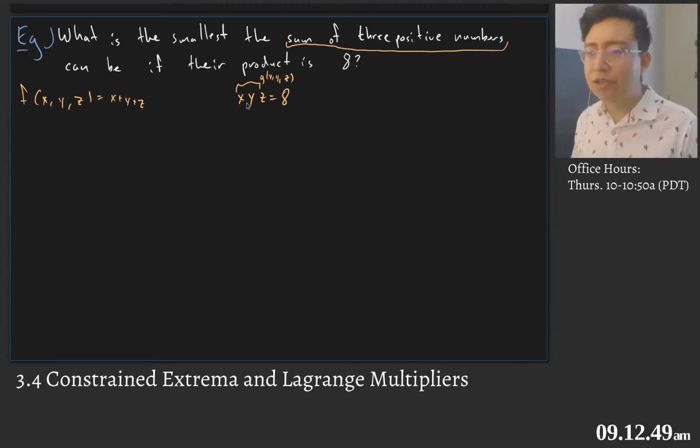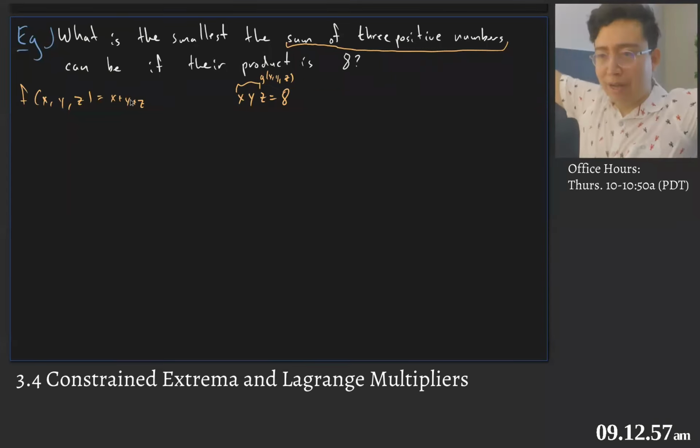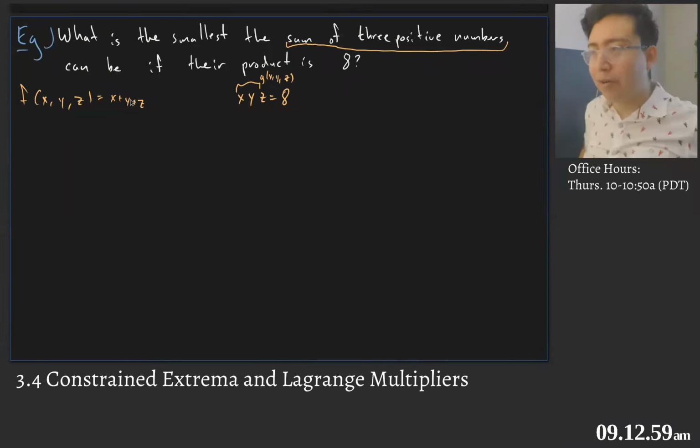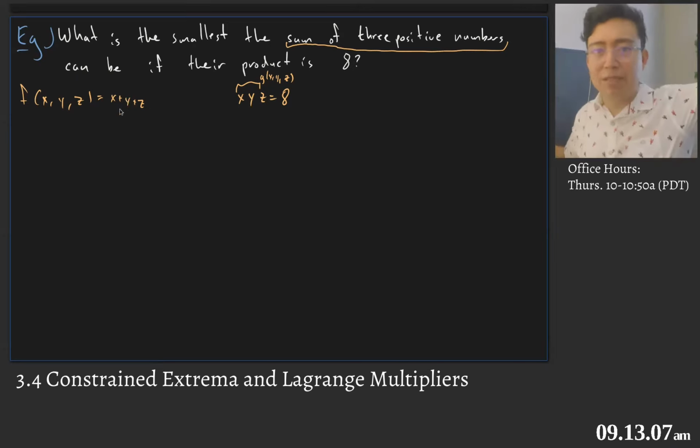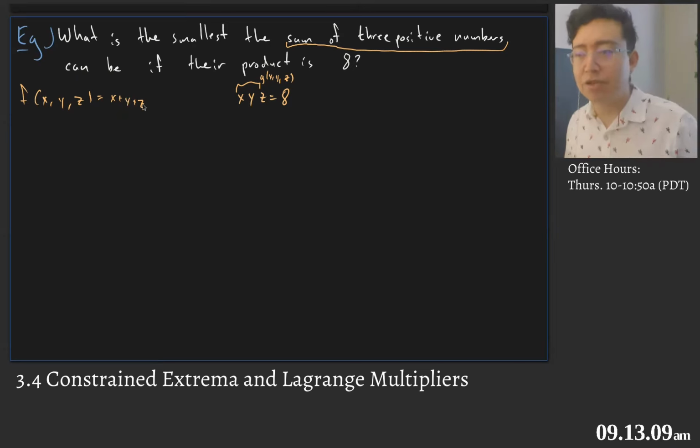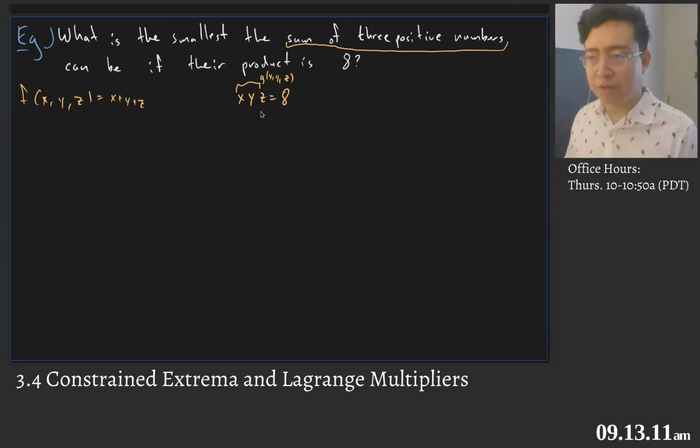I can choose these 3 numbers, which satisfy this equation, that make this sum super huge. Because I'm working with real numbers and not just natural numbers, I can make these numbers huge, and that means I can make their sum as big as I want. So this function has no maximum, even with this restriction.